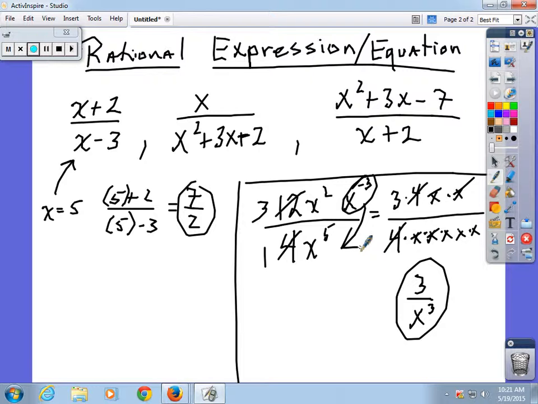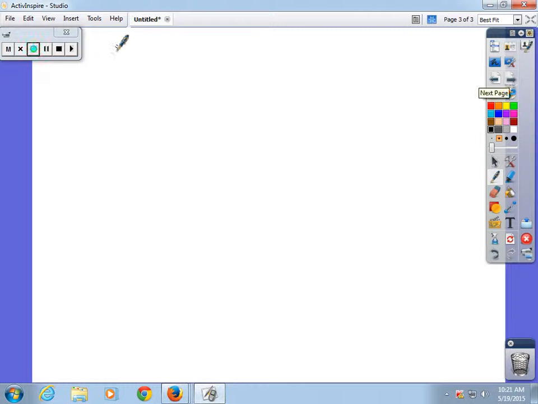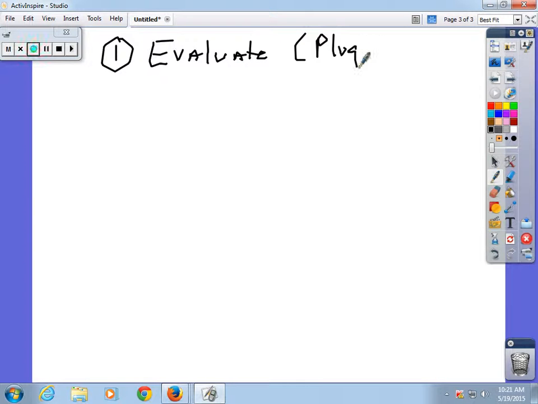Those are the 2 basic things. All right. So, 1, we can evaluate. Evaluate is a 25-cent word for plug and chug. 2, we can simplify or reduce if reducible.